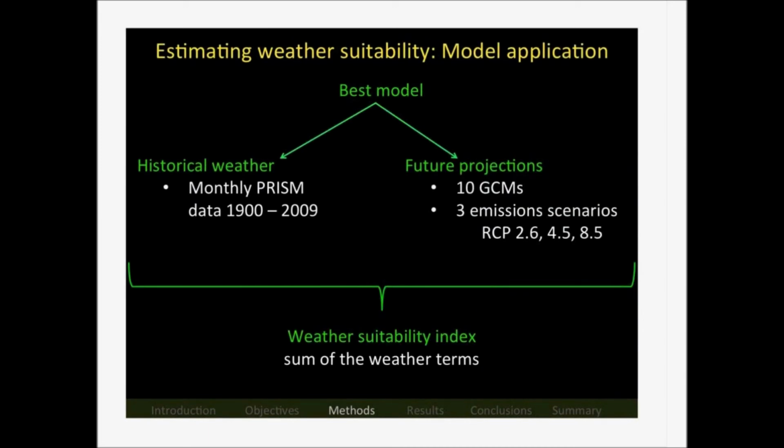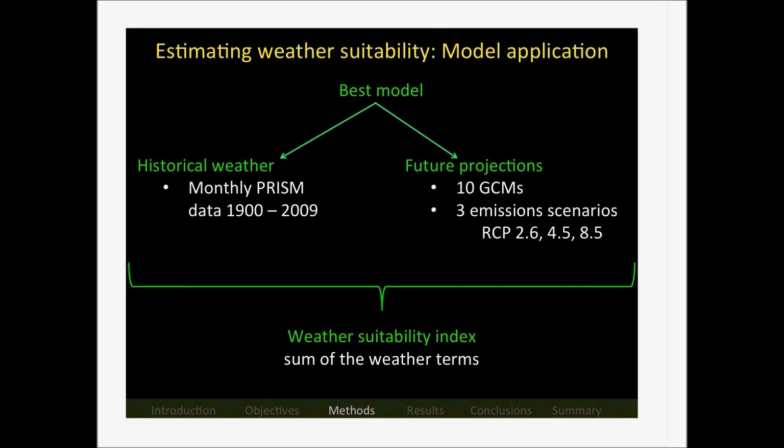Then to address objectives 2 and 3, which were what were the causes of the recent outbreak and what will historical and future weather suitability look like, we took our best model and applied it to historical weather using monthly PRISM data from 1900 through 2009, and then to future projections. And here we wanted to be sure to capture a range of future possibilities.